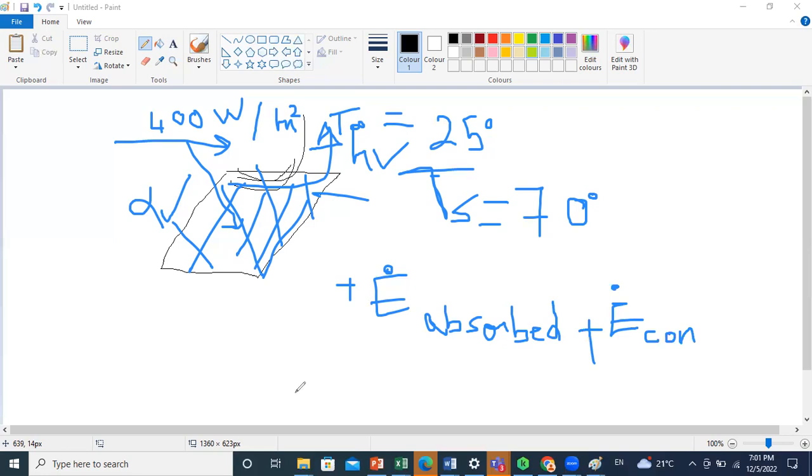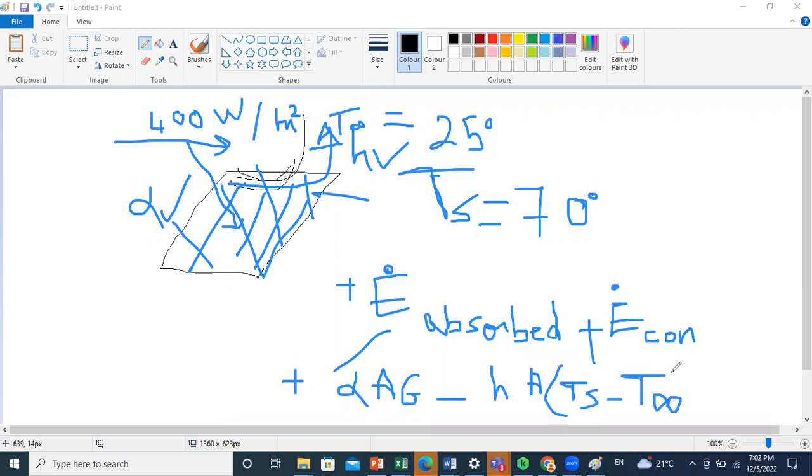E absorbed is plus alpha times area times G, while E dot convection is minus H times A times T surface minus T infinity, equals to energy gained by water, E dot water.